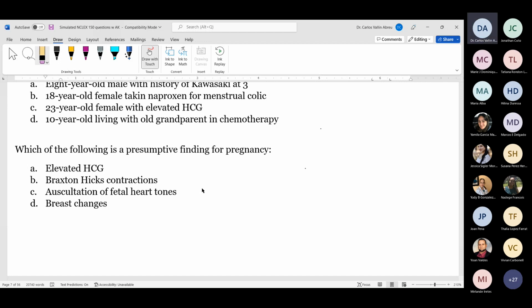D, D as in dog: breast changes. The auscultation of fetal heart tones is what type? Positive, without doubt. Braxton Hicks and elevation of HCG are probable. So breast changes are presumptive.